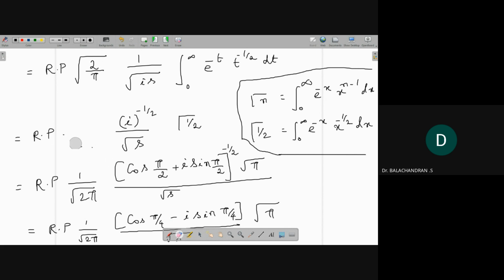Mistake here, root 2 by pi. Here also root 2 by pi.